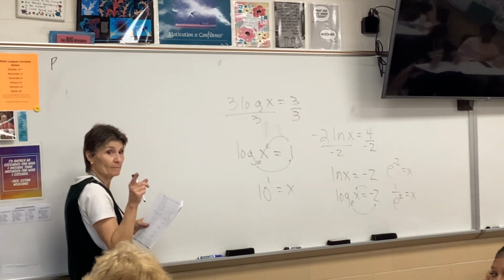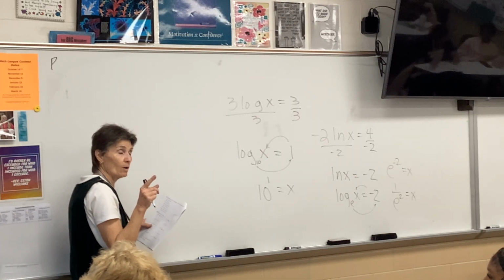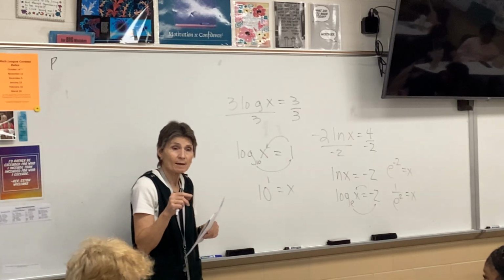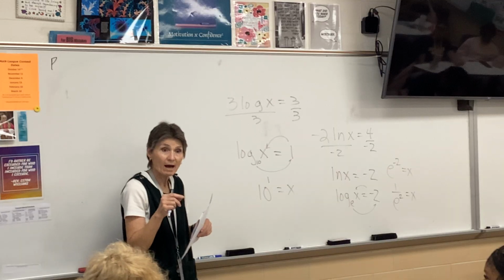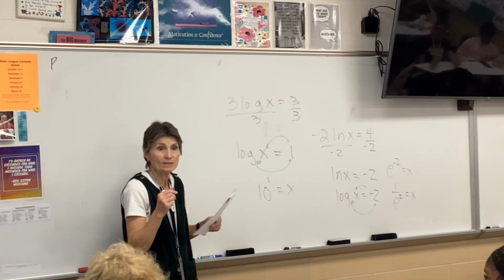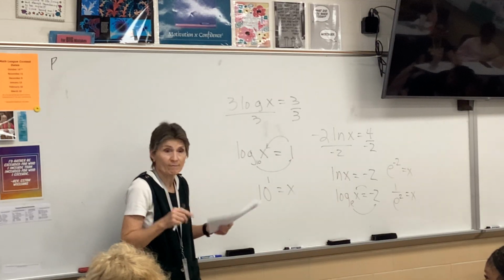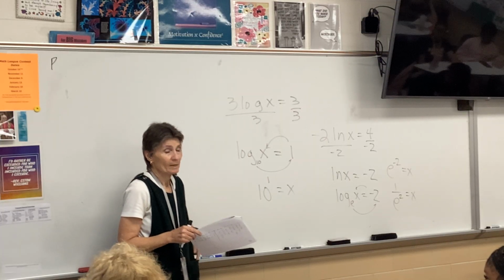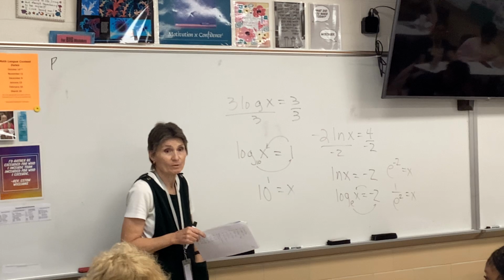Question? Why can't we have the negative exponent? Oh, there's this rule in mathematics that says the only time negative exponents are allowed is in scientific notation. Otherwise, you should just never have a negative exponent. Okay? Yeah, that's the best answer I can give you. It's just a rule.